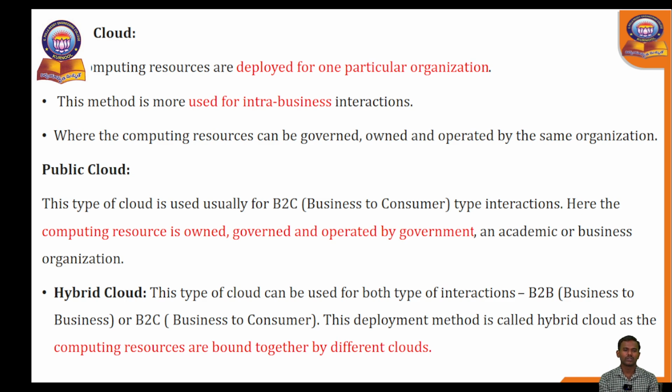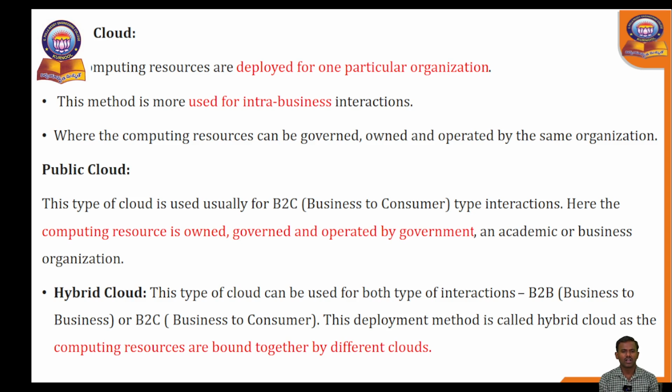Public cloud is usually for business to consumer, so it is available to all users. The users can access these services on a monthly rent basis. The computing resource is owned, governed, and operated by the government, or maybe an academic or business organization. Anyone can access the public cloud.